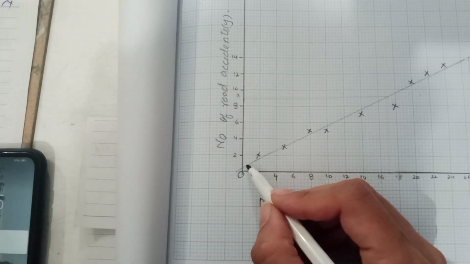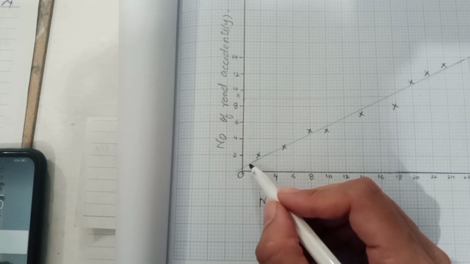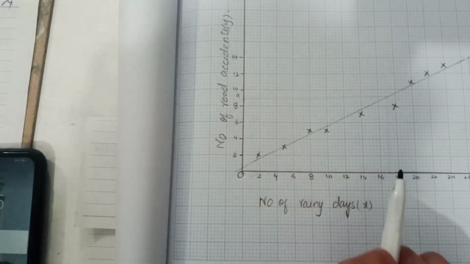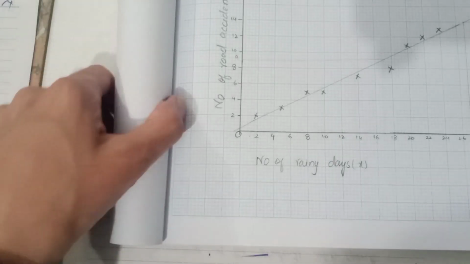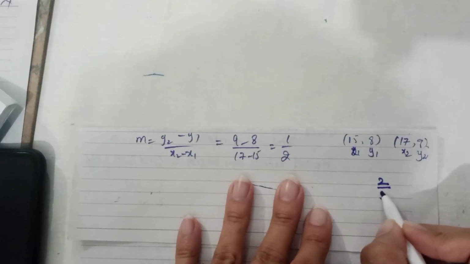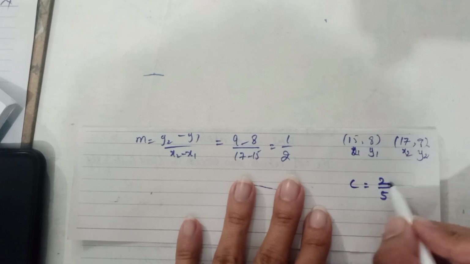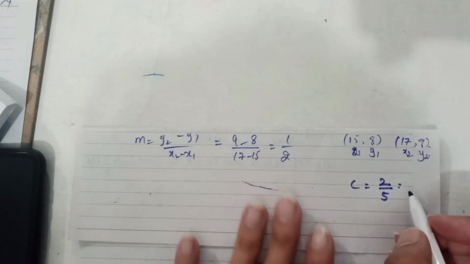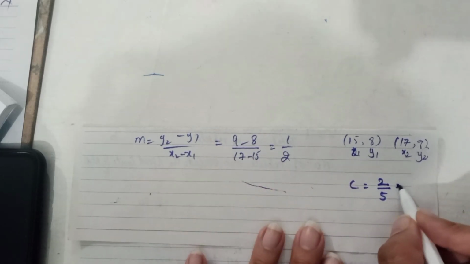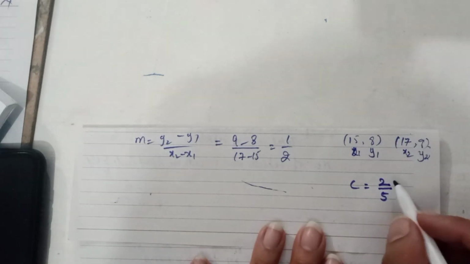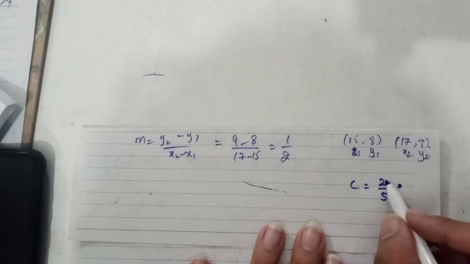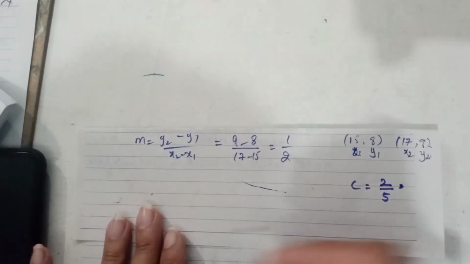Yes, and we can observe clearly from this diagram that the y-intercept is passing through block number 2. It means we can write it like that, and the total number of blocks is 5. So c is 2 by 5.